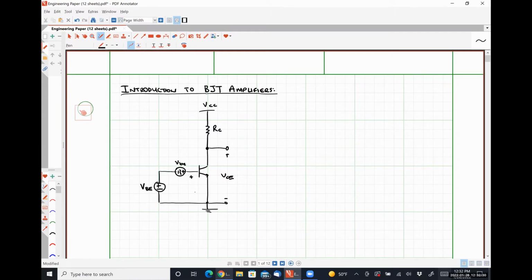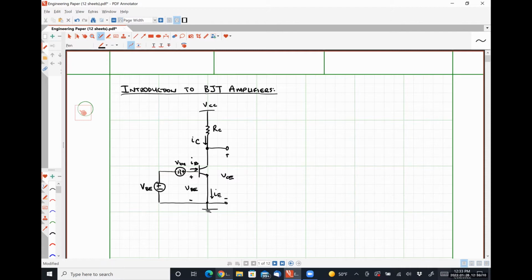And since those two voltage sources appear in series, I'm going to call the sum of them lowercase v capital BE. I'm going to call this current lowercase i capital B, this current lowercase i capital C, and this current lowercase i capital E.